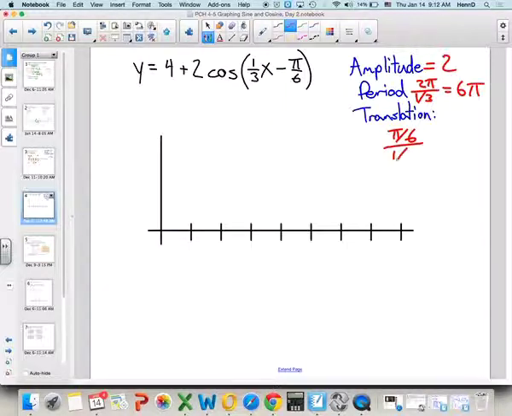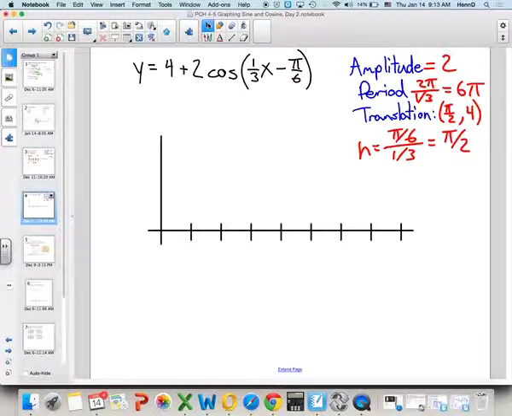What does that come out to? Pi over 2. So our translation is pi over 2, and 4. So this whole thing is shifted up 4 units and over pi over 2 to the right.